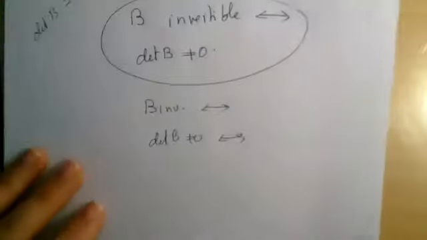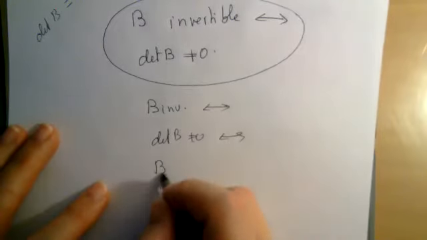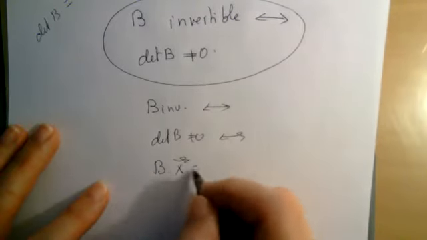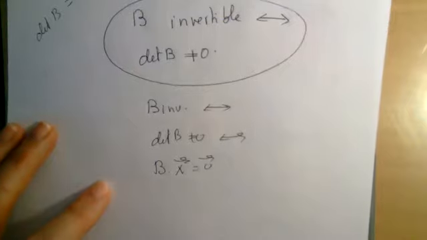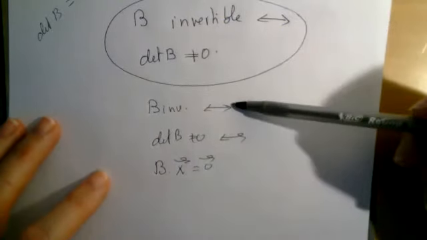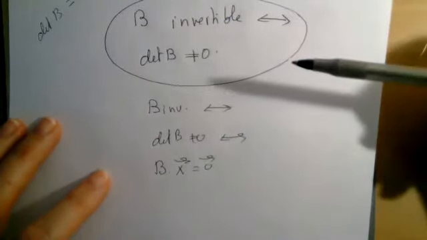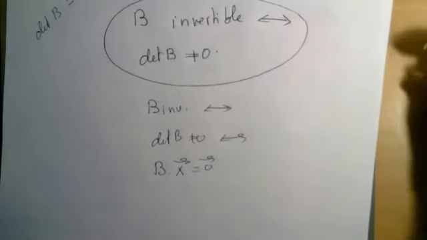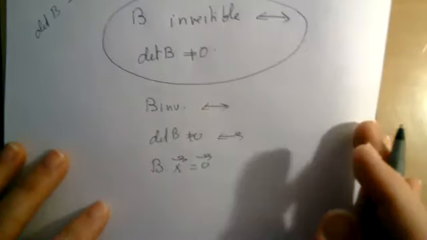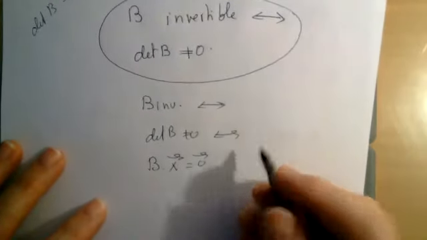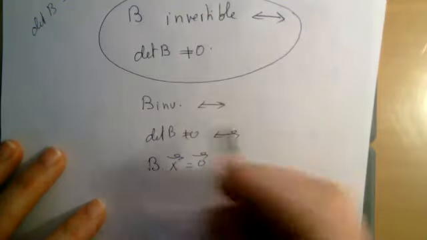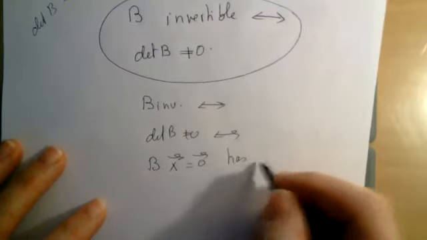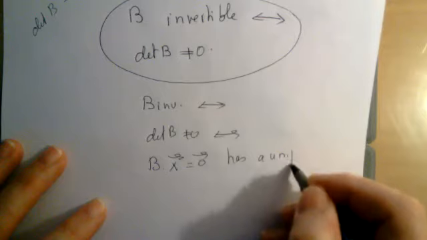And one more statement about that. What can we say about the system Bx equal to 0? If a matrix is invertible, or if the determinant is not 0, what can we say about the system Bx equal to 0? Quickly on chat. It has a unique solution. It is important, that's why I am really going over it.